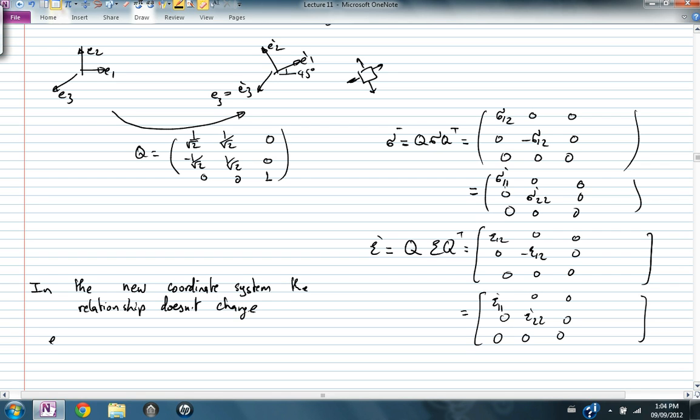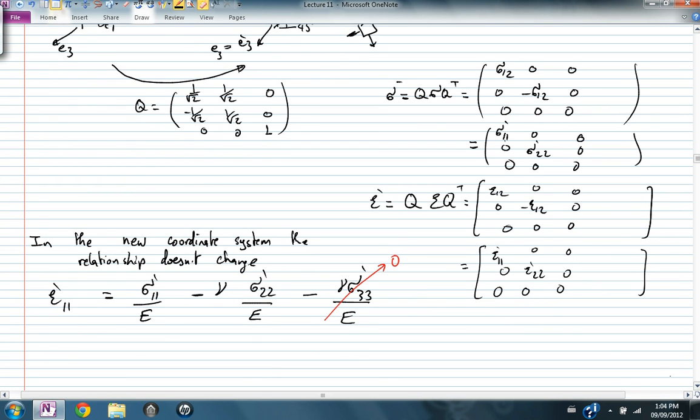And so epsilon prime 1 1 is equal to sigma prime 1 1 divided by E minus Poisson's ratio sigma prime 2 2 divided by E minus Poisson's ratio sigma prime 3 3 over E, and this is actually 0 because sigma prime 3 3 is 0.